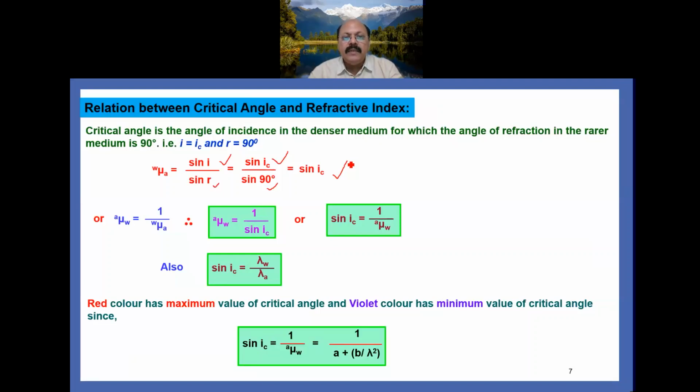Now we know that there is one more relation between the refractive index and the wavelength. According to Cauchy's formula, the refractive index is inversely proportional to the wavelength.